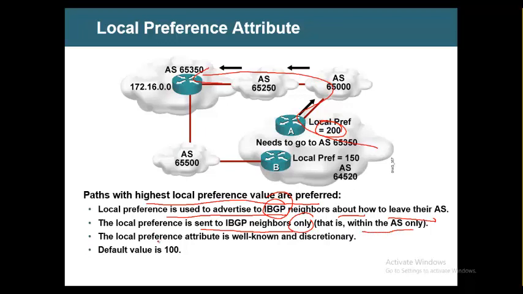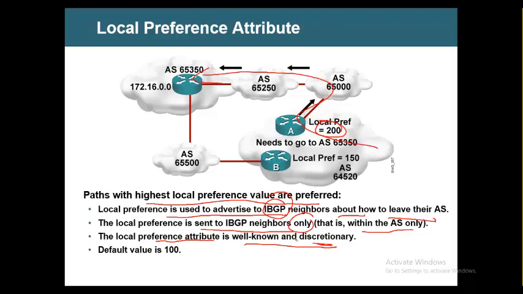The local preference attribute is well-known as well as discretionary, meaning it may be present, may not be present. As I told you, between EBGP it will not be present. Within an IBGP environment, this will be present. That's why it's discretionary.